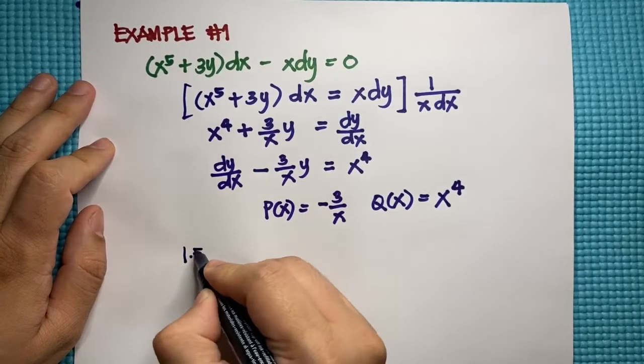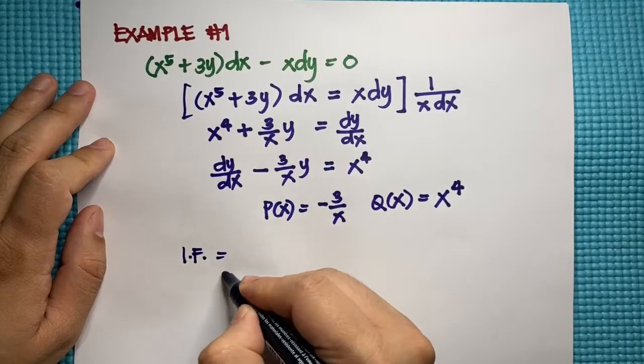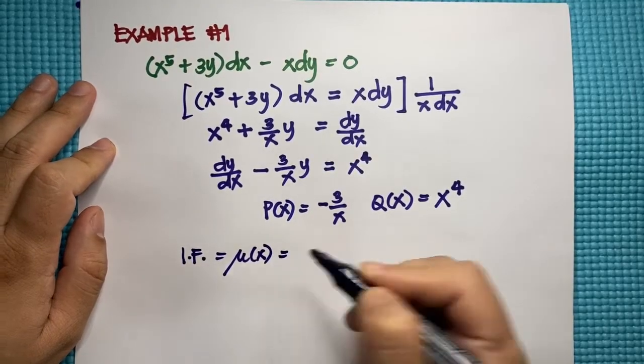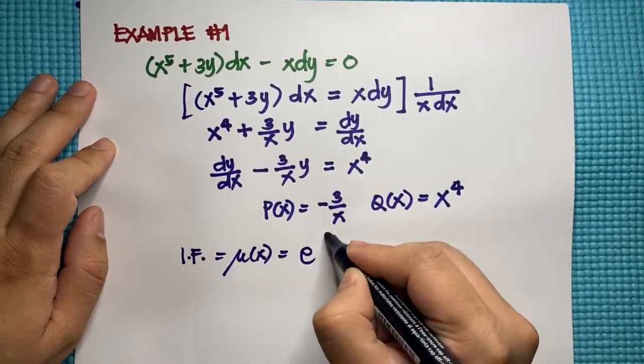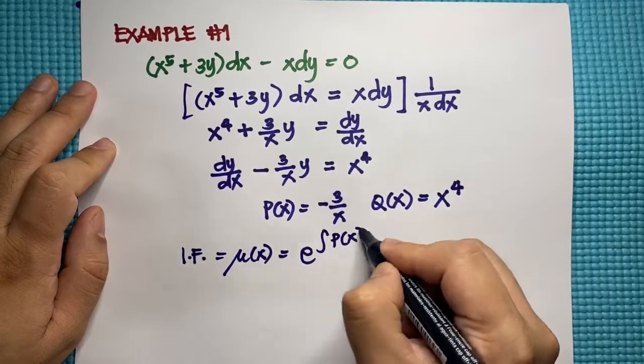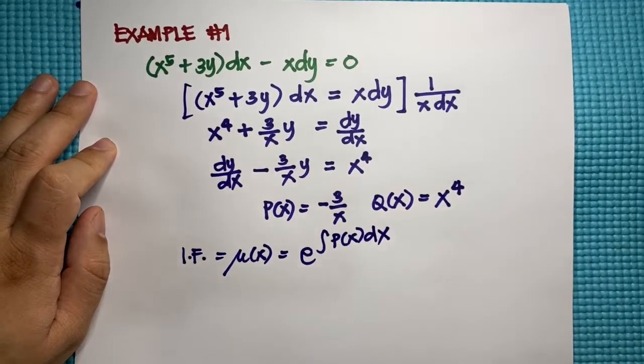So our integrating factor, which is equal to the mu of x, is e raised to the integral of p of x dx.